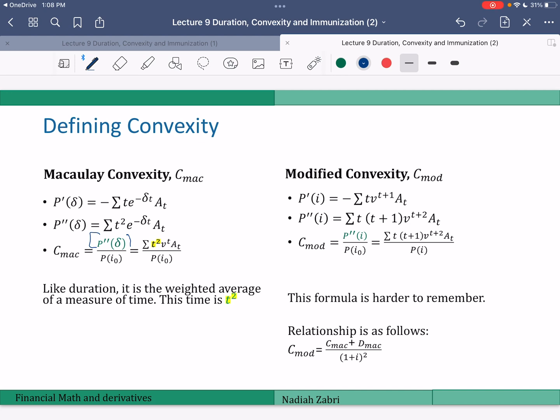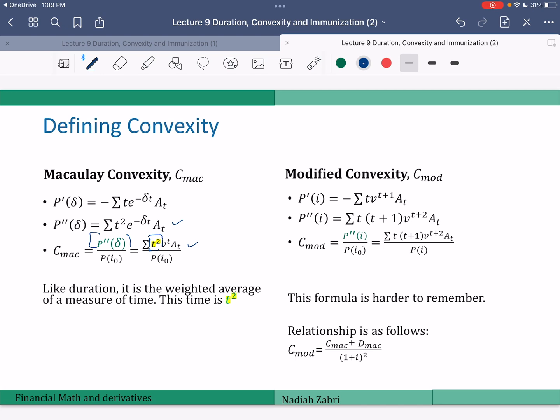So when you find the second derivative with respect to delta, this is what you get. If you see, the difference is just that instead of t, it's now t squared.